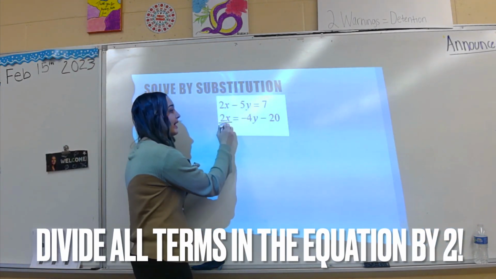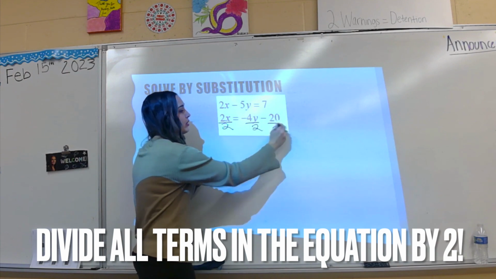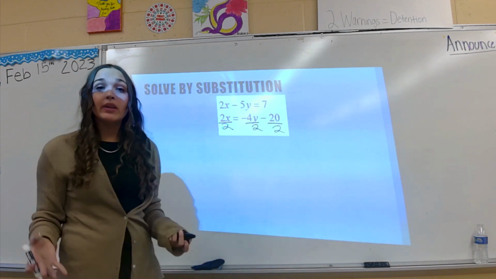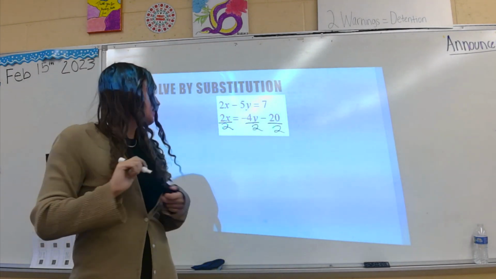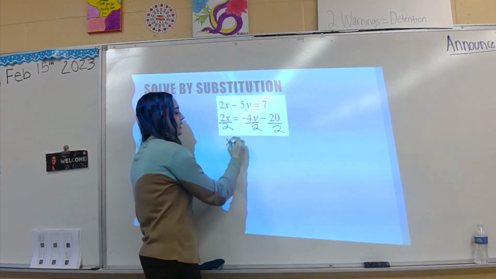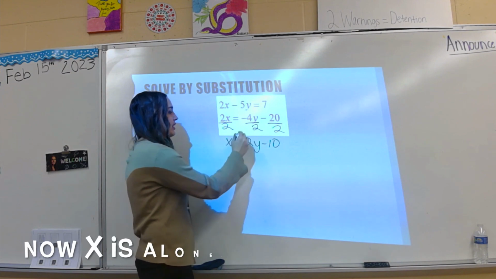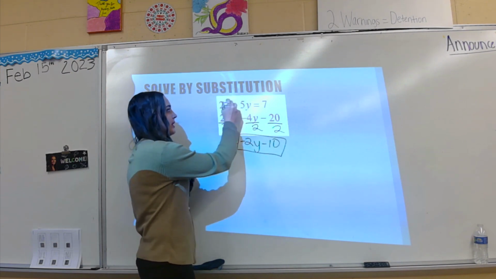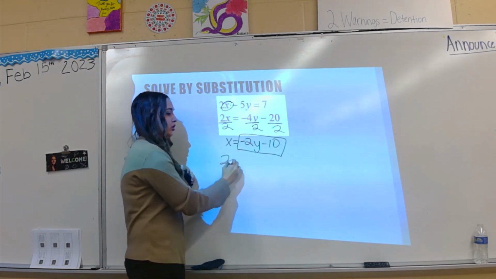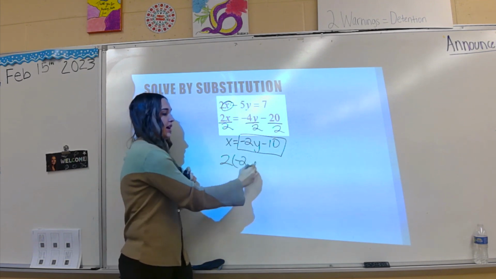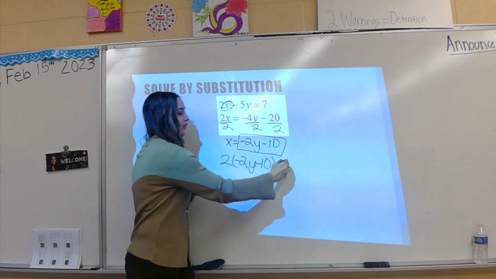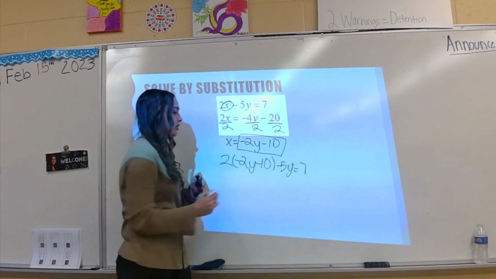So I want to get the x by itself. So I'm going to divide everything by 2. I'm doing that to get the x alone, like I've been saying. So when I divide by 2, I get x equals negative 2y minus 10. I'm going to plug that into my first equation for x. So I'm going to do 2 parentheses negative 2y minus 10 minus 5y equals 7.